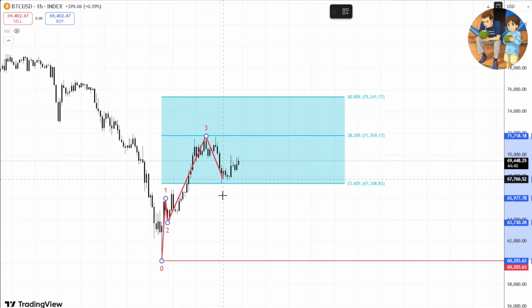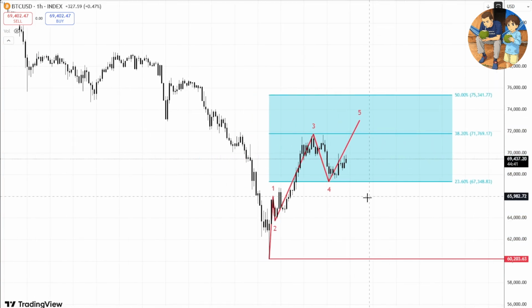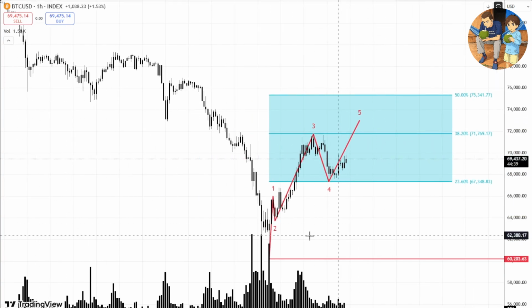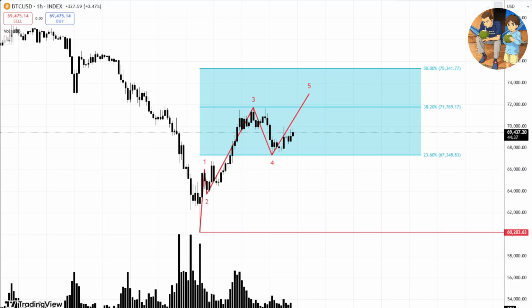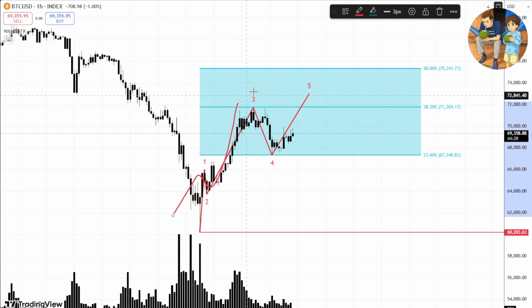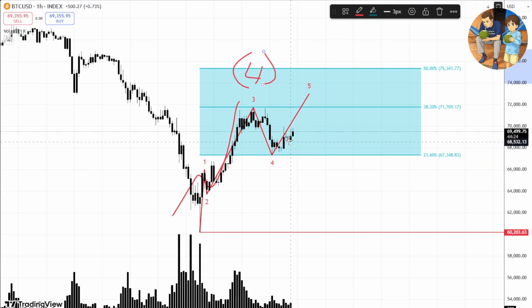So 3, 4, 5. To me, it does not look too bad that this is the start of a bigger move up, but so far this is 3 moves, so A, B, C. Theoretically, 4 could be over here, and we are already in the last move down.